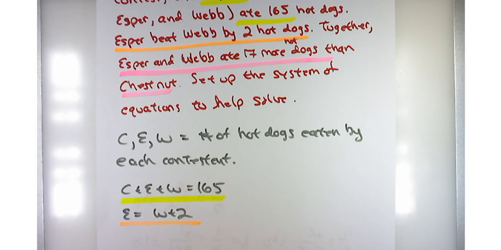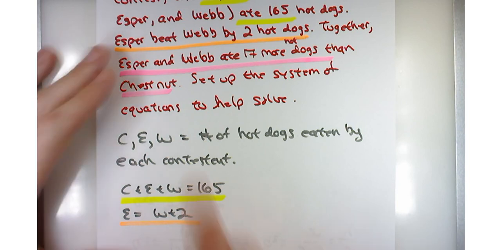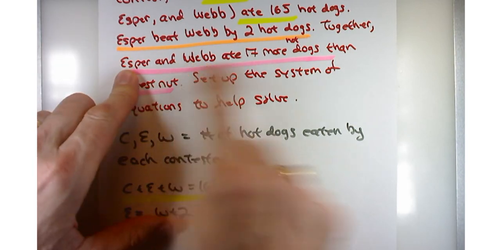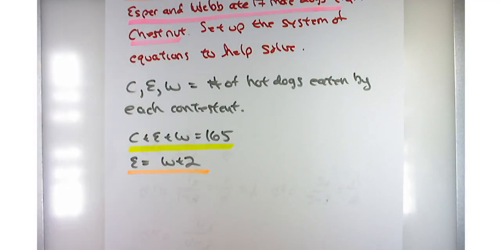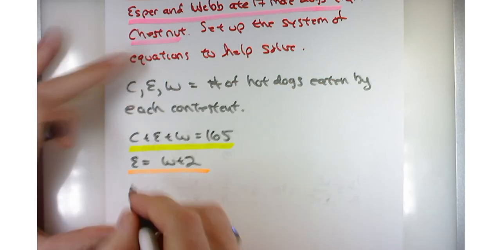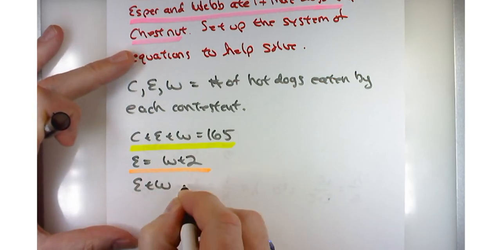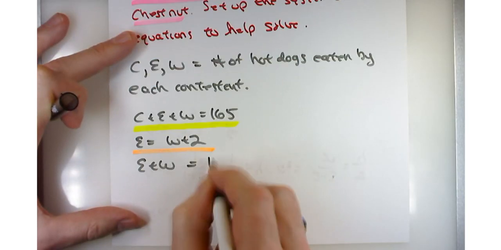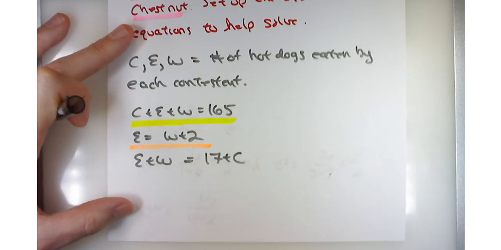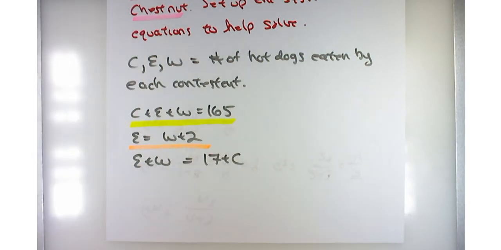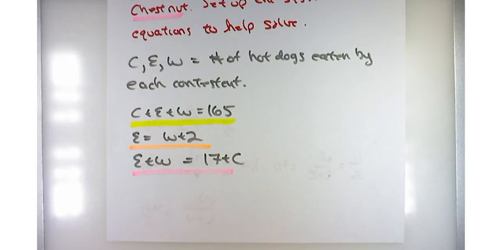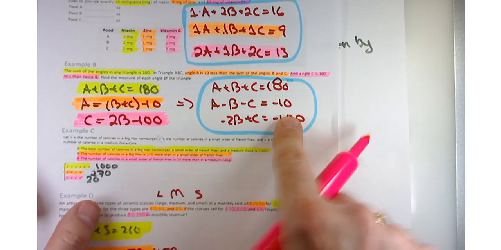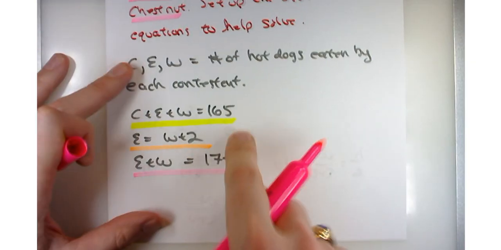E plus W equals 17 plus C. Nice, well done. So their total is 17 more than Chestnut. We've got E plus W is 17 more than Chestnut. That's the last equation there. We can rearrange it, like we did with this one, to put all the variables on one side, but that's your system of equations.